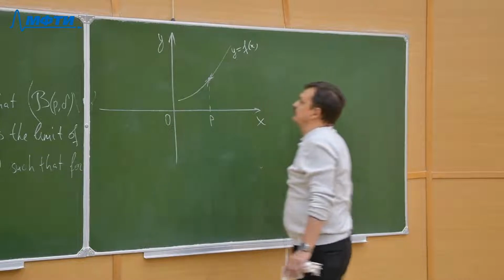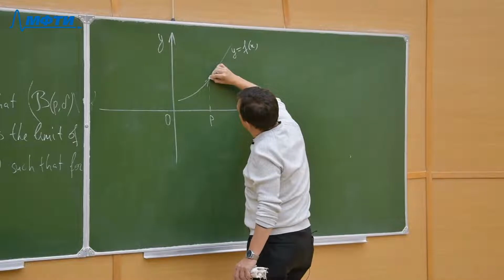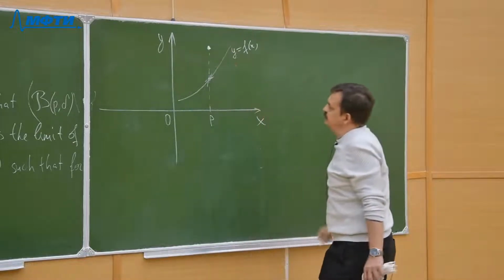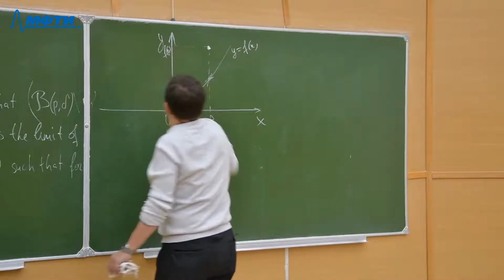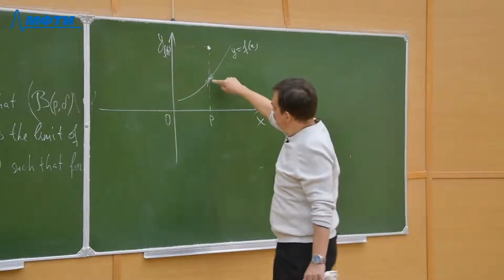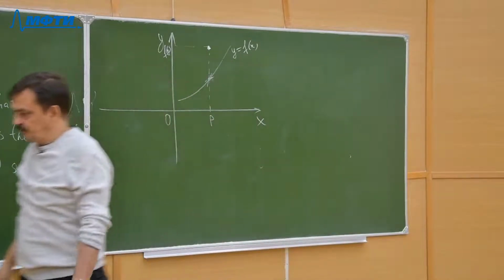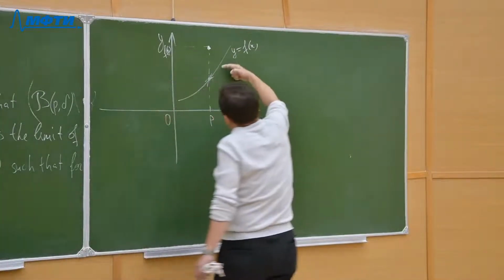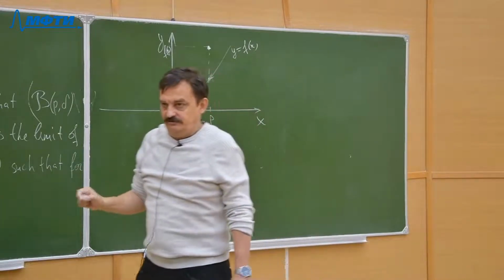So the point can be excluded. So it may happen that the value of the function is here. So that is f of p. Doesn't matter. Absolutely doesn't matter. The value at the point is not important when we want to compute the limit. But values of the function as close to p as we want are very important.